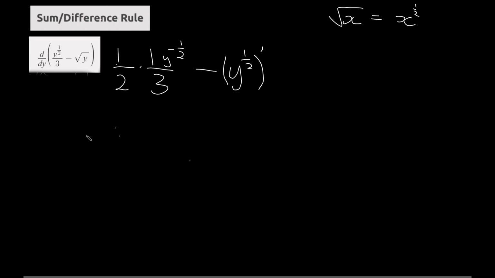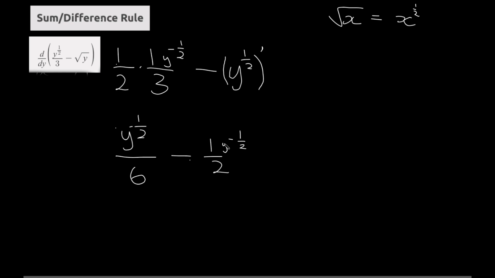All right, so next step, let's simplify this term here. So we have y to the power of 1 over 2. This will be a negative over 6. Minus, now we can differentiate this. So if we have 1 over 2, this will be the same here, y to the power of negative 1 over 2. All right, so now we can see these two terms.